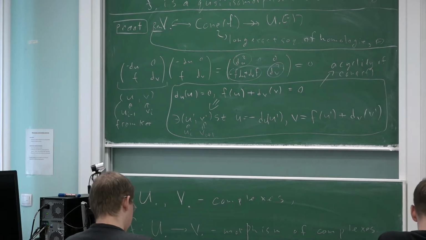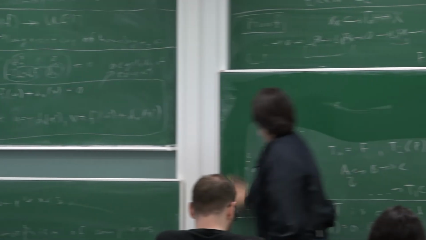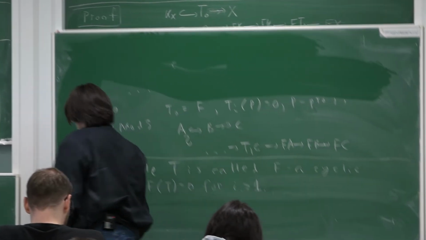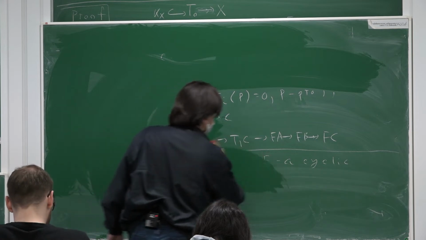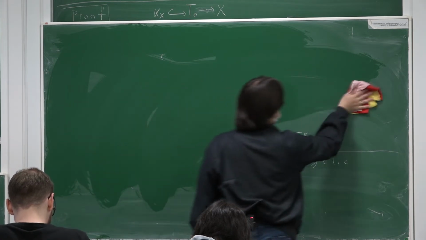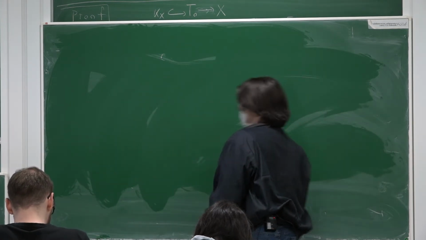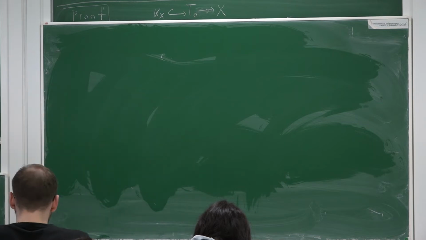Let's now write down the condition that f is a quasi-isomorphism. This condition splits into two conditions, of course.